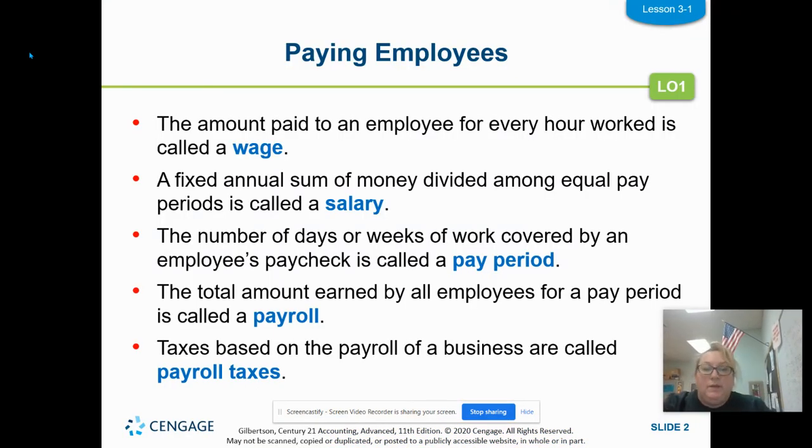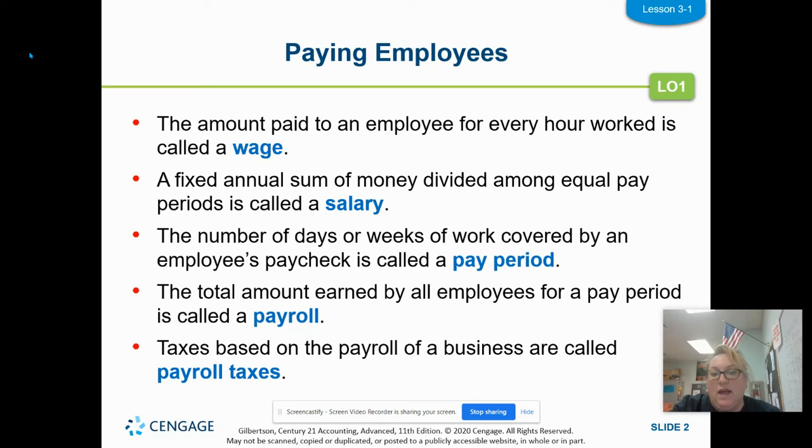We talked about the difference between an hourly employee and a salary employee. Hourly employees are paid wages because it depends on the job, the level of experience, and the number of years, depending on how much money you get paid per hour.